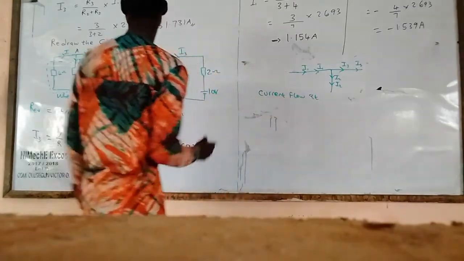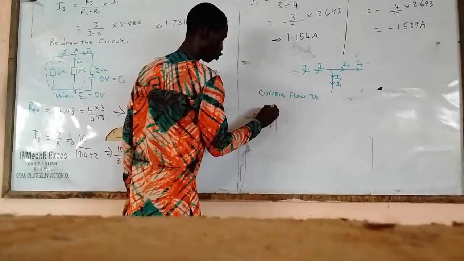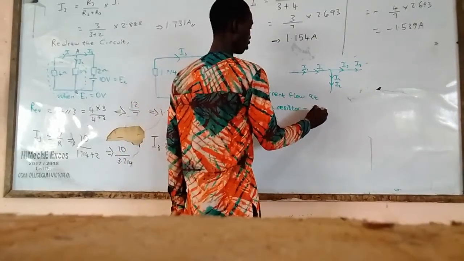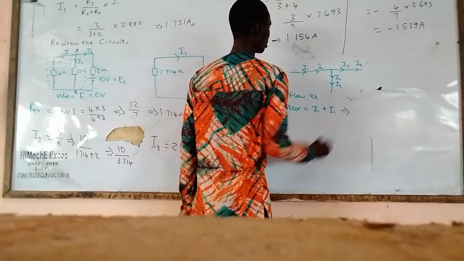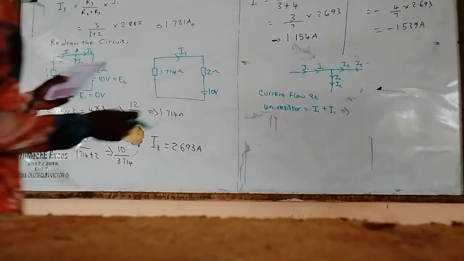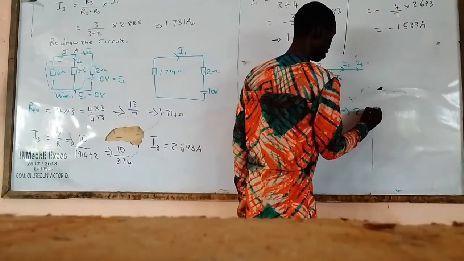Let's start from the 4 ohm resistor. At the 4 ohm resistor, the current is I1 plus I1. The first I1 we got was 2.885. Are you following me?